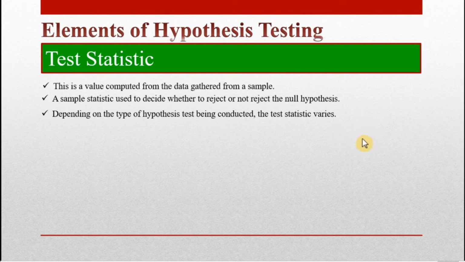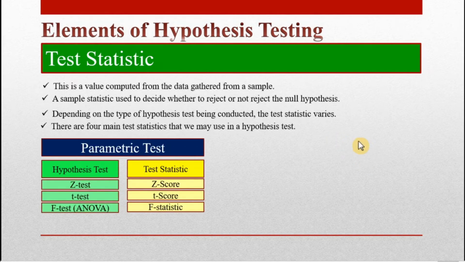So I have presented to you a while back the different hypothesis tests that we can do. For each of those tests, there is a corresponding test statistic. For example, for a z-test, the test statistic is a z-score. For t-test, we have a t-score. For f-test, normally applicable if we are conducting analysis of variance, we have the f-statistic.